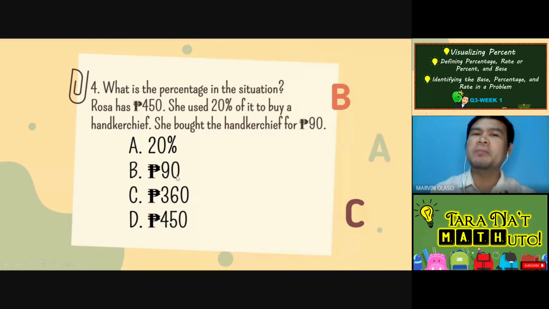Number 4. What is the percentage in the situation? Rosa has 450 pesos. She used 20% of it to buy a handkerchief. She bought the handkerchief for 90 pesos. Is it A. 20%, B. 90 pesos, C. 360 pesos, D. 450 pesos?